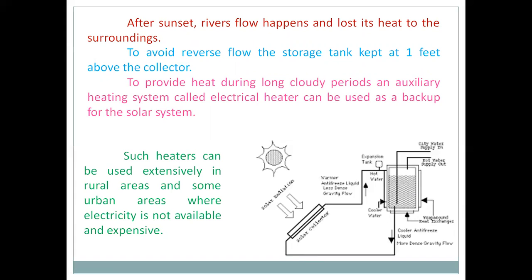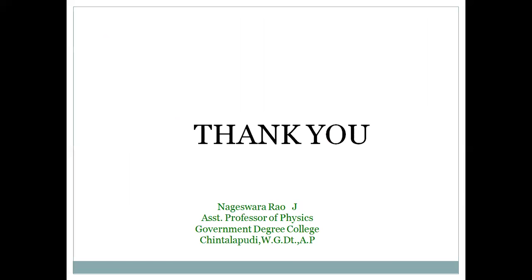In such cases, these solar water heaters are very useful, and there is no further maintenance either. Once we spend some money to purchase this instrument, there is no further maintenance. The maintenance is very easy, and no fuel is required. So this is the functioning of the solar water heater.